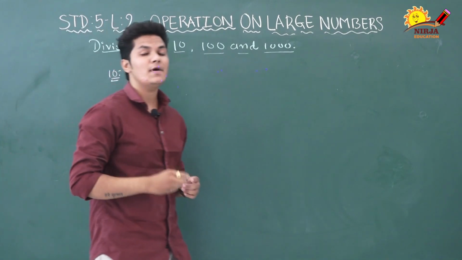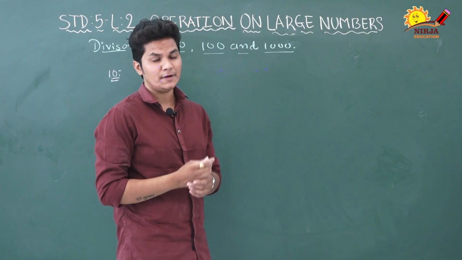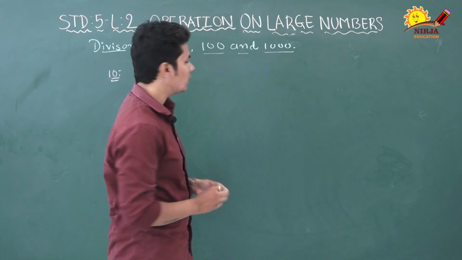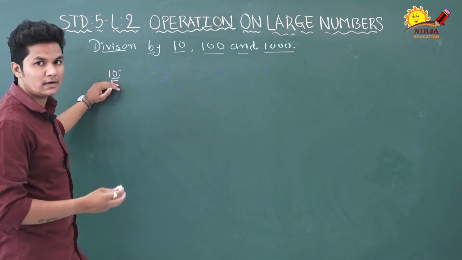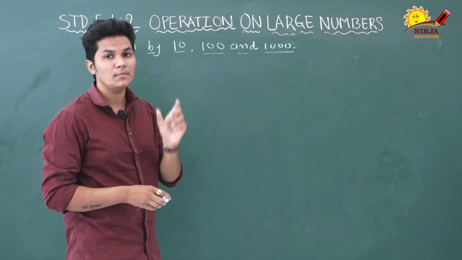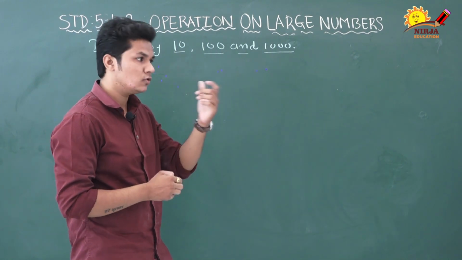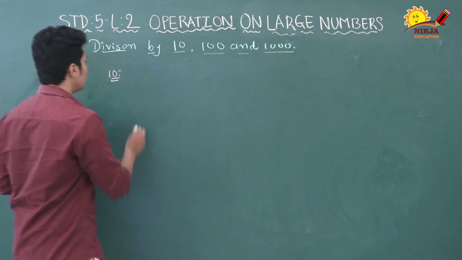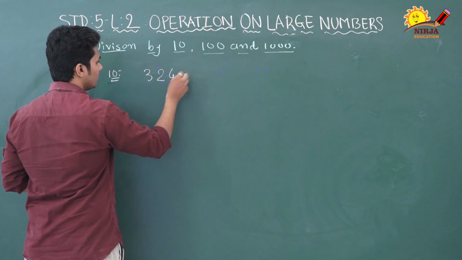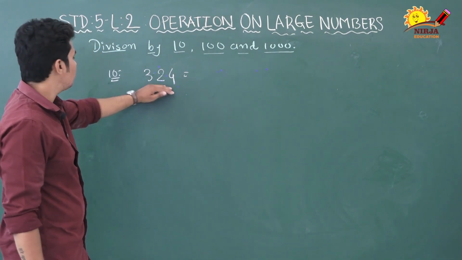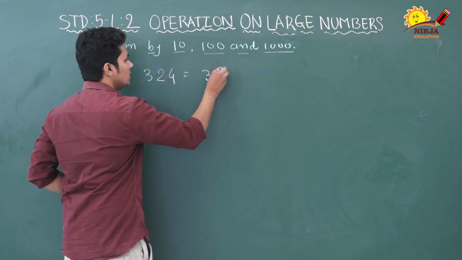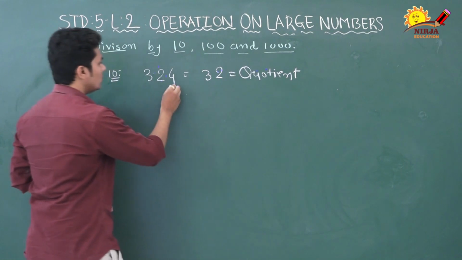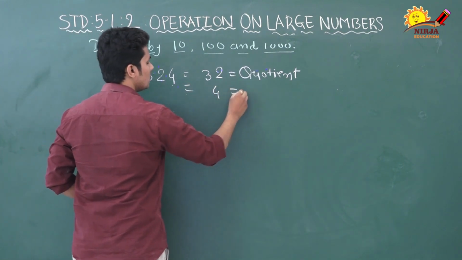When a number is divided by 10, the quotient is obtained by writing the number without the ones digit, and the ones digit is the remainder. For example, 324. Let's divide 324 by 10. So 32 is the quotient and the ones digit is the remainder.